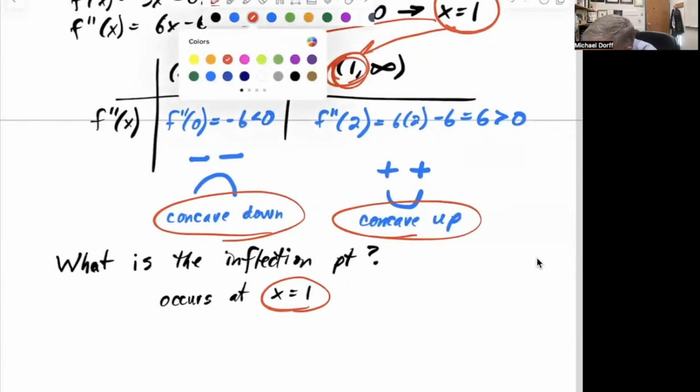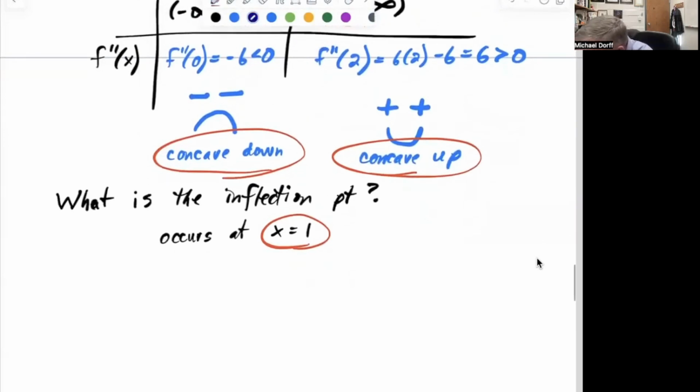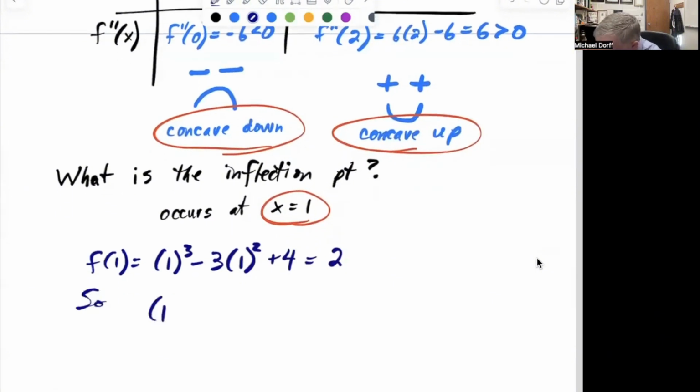If I write that as a point, I know that x is 1, so now I'm going to look at f of 1, and when I plug that back into my original function, it was x cubed, so 1 cubed, minus 3 times x squared, so minus 3 times 1 squared, plus 4, that's going to equal 2. So (1, 2) is an inflection point.